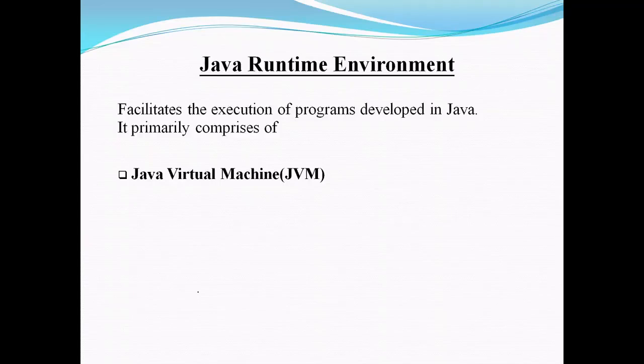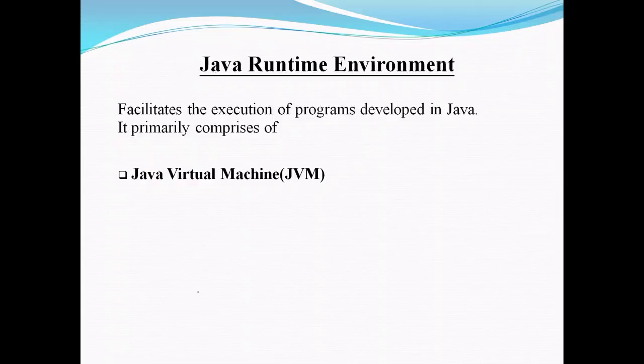The Java compiler converts the source code into bytecode, and that bytecode is actually executed by the JVM. The Java virtual machine takes the bytecode, converts it into machine code and executes it. Again, the Java virtual machine includes an interpreter using which it converts it into machine code and executes it.